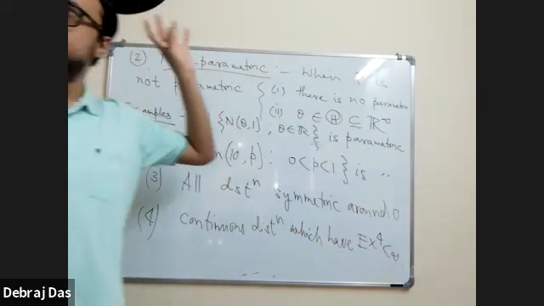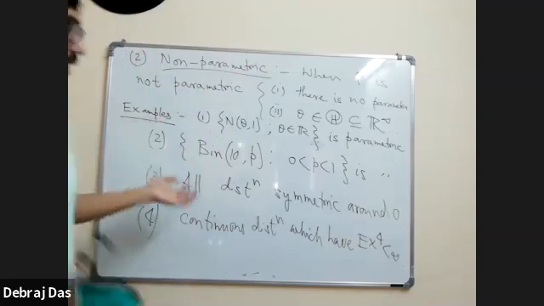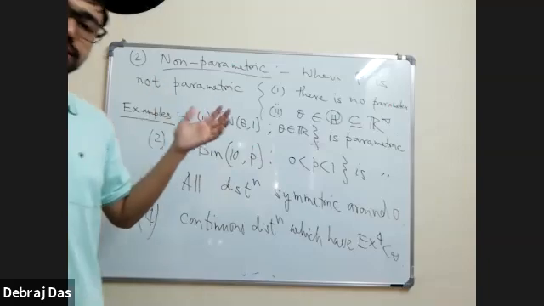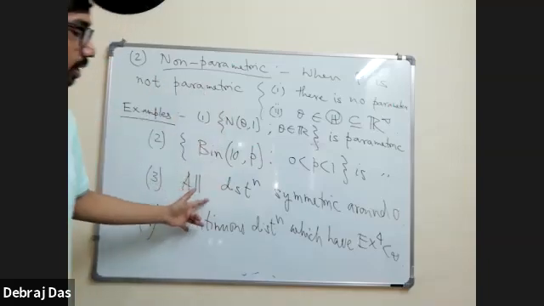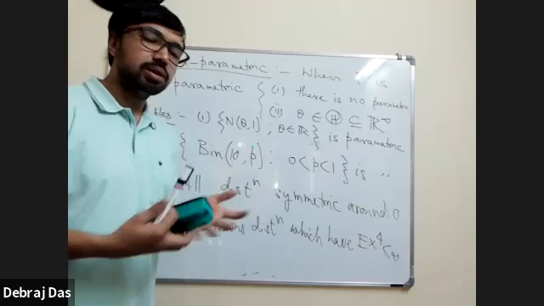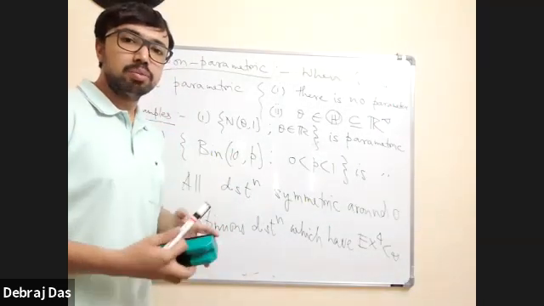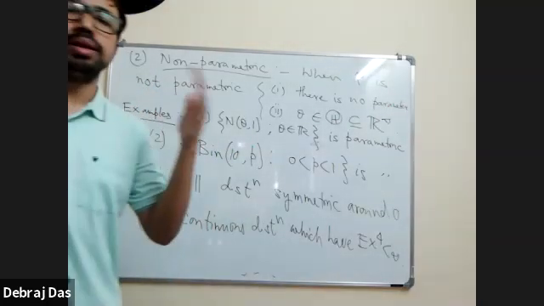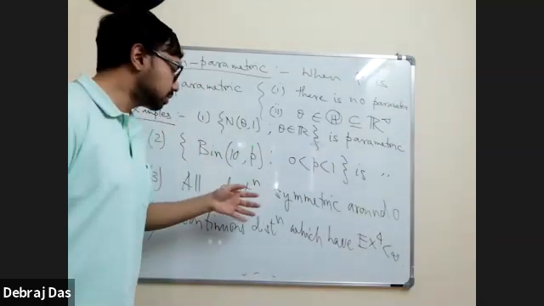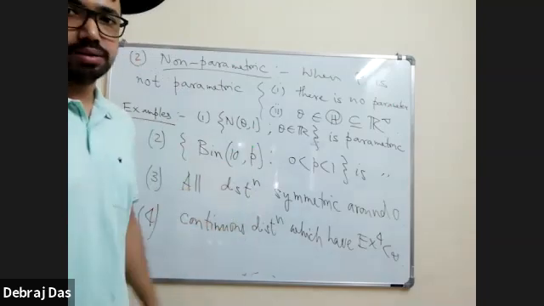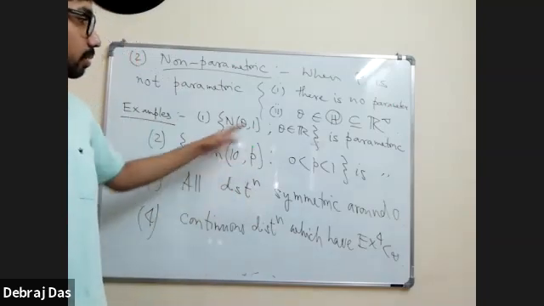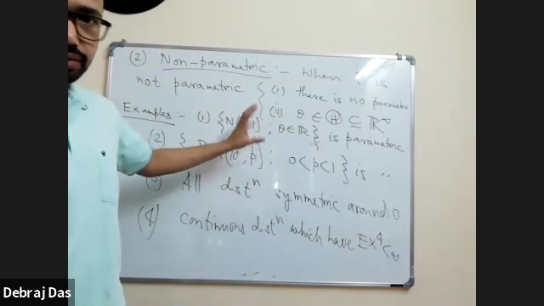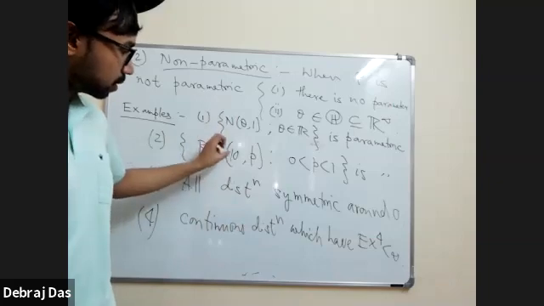So in these cases, since you are looking into a much bigger class, the inference is not so precise. But obviously, since you are looking into a much bigger class, the inference procedure is more applicable. So there is a kind of trade-off. In parametric, the inference is more precise, but the procedure is very restricted, because you are looking into a much smaller class of families.